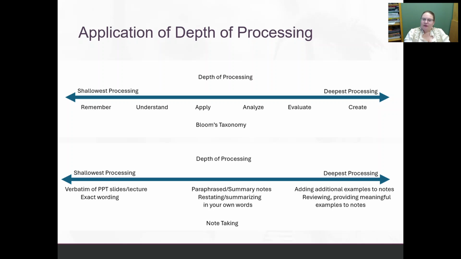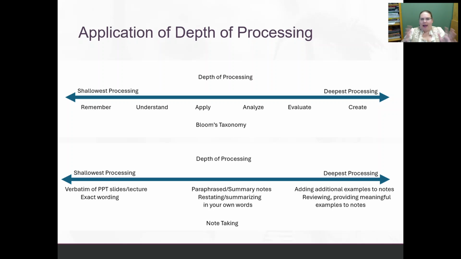So if we compare it to Bloom's taxonomy or to depth of knowledge, the lowest level is where we have the shallowest processing. So remember, understand. If we're talking about DOK, it's the recall, recognize section down here. Again, keep in mind it's on a continuum. It's not like you just have remember on this side and create on the other side.